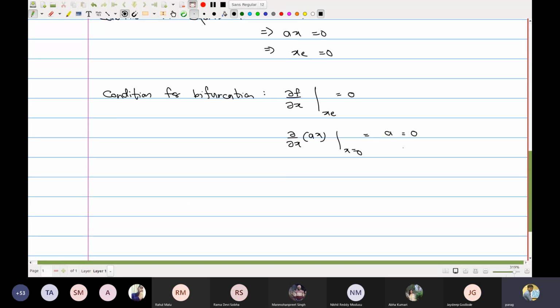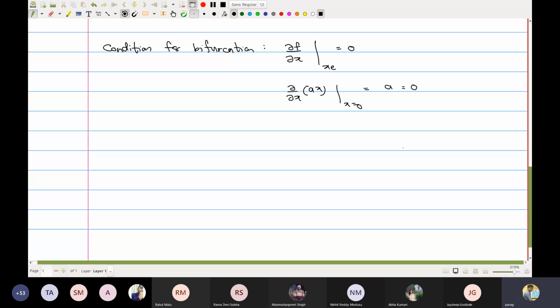Now we also see that in dx by dt equals ax, a is the eigenvalue, right?